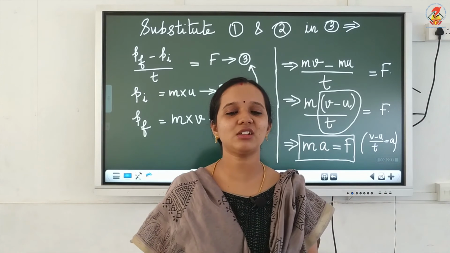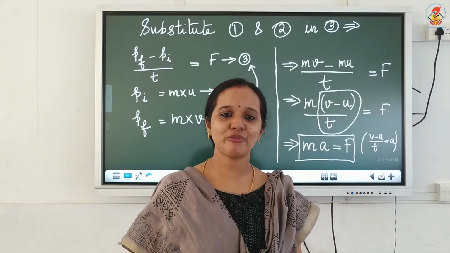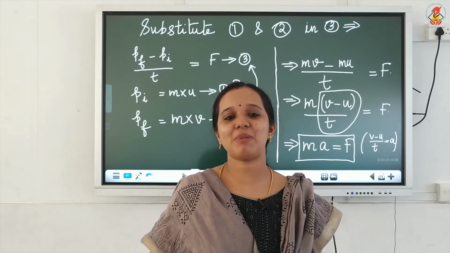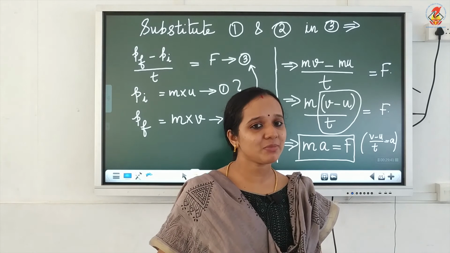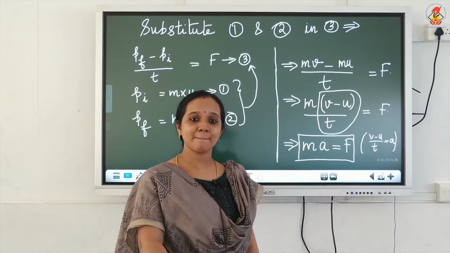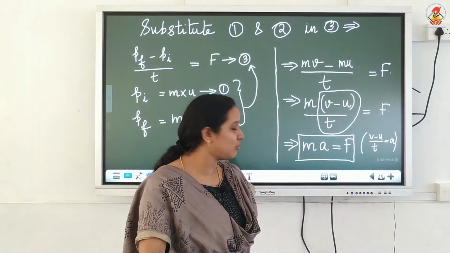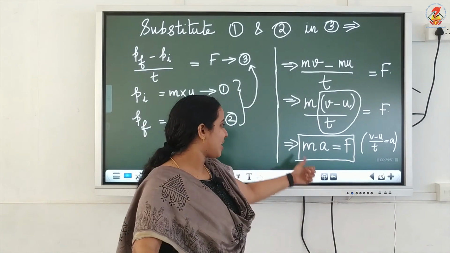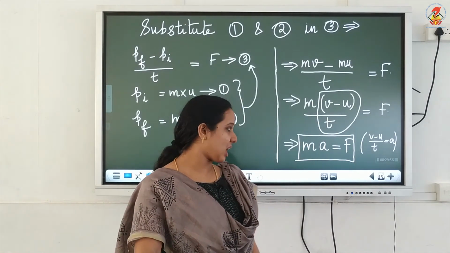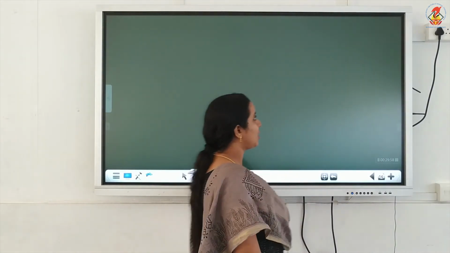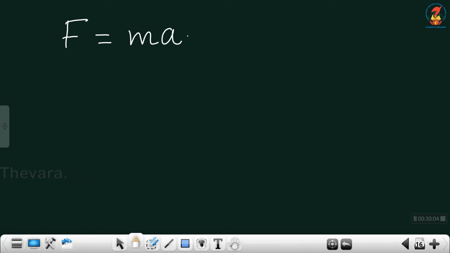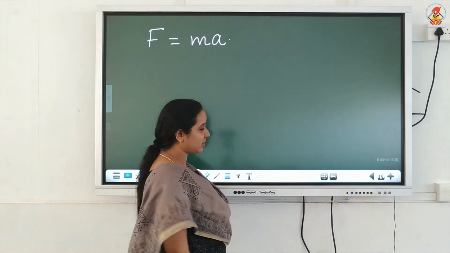Newton's second law is rate of change of momentum is proportional to the unbalanced force, or mathematically it can be stated as F is equal to ma, where F is the force, m the mass and a the acceleration.